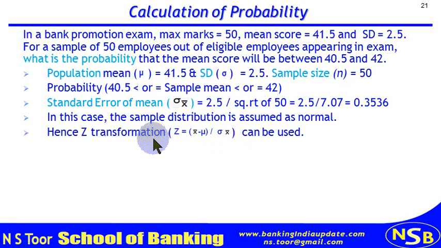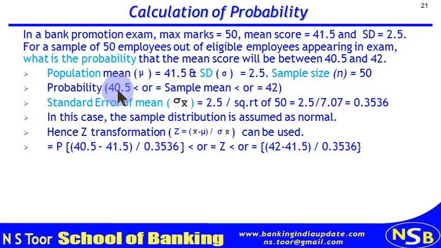Z equals sample mean minus population mean, divided by standard error of the mean. So that is how we are going to calculate. And we shall make this calculation both for 40.5 as well as for 42. Then try to see what is the probability. So let us see.